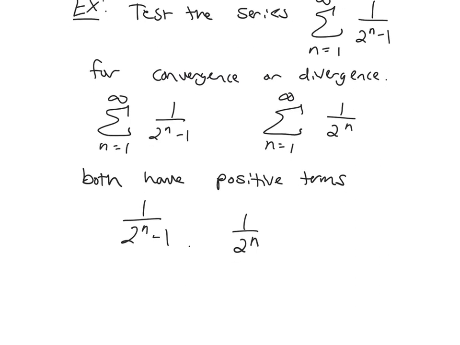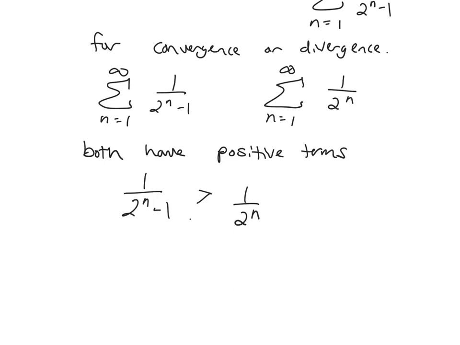Which one is bigger? Because I'm subtracting by 1, the denominator on the left is smaller, and a smaller denominator means I have a bigger number, right? If you're unsure, let me explain how you can figure that out.